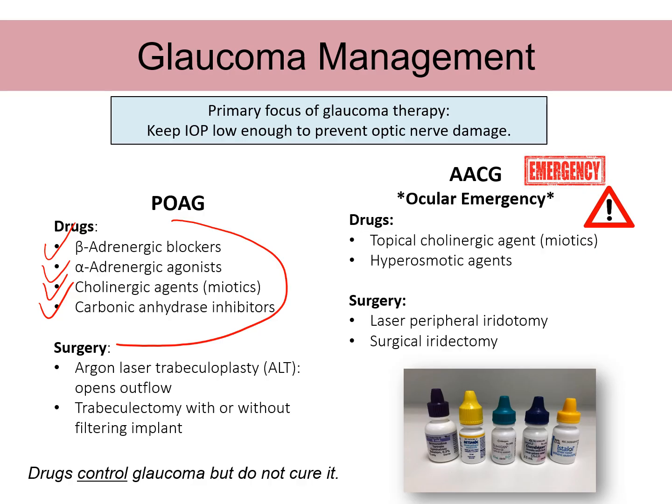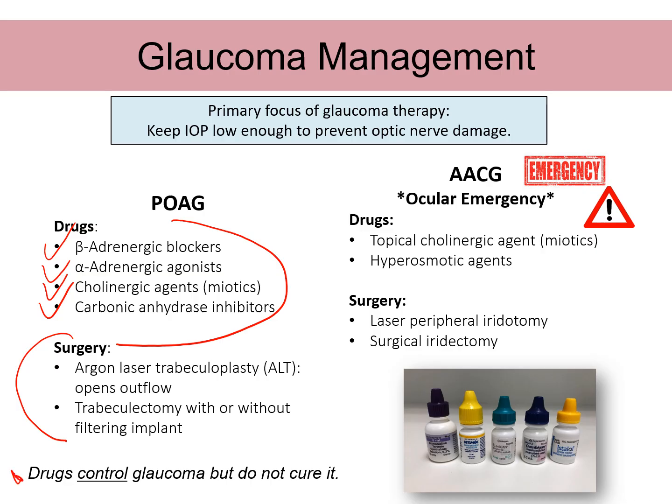There's also a surgical approach where they can try to open up the little channels, maybe putting in a tube or some kind of implant. But just remember that this problem is going to be lifelong. There is no cure. Even with surgery, there's still a potential for the intraocular pressure to build up.